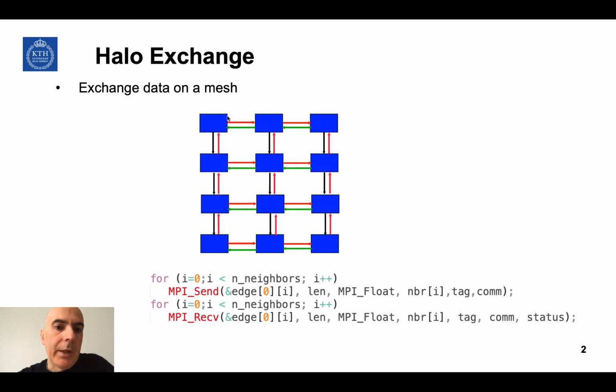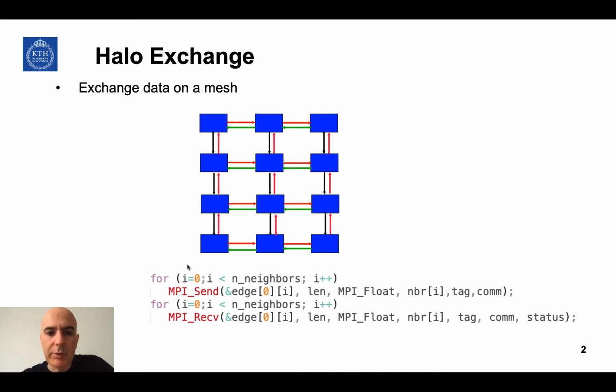In the same way, this column here needs the values that are here. So we need to communicate this value from this process to this process here, right? So at each time step, before actually calculating the derivative, we need to swap, in this case, the first column here with the last column here, in order to calculate the derivative. So this pattern is called halo exchange, and it is very common in all applications.